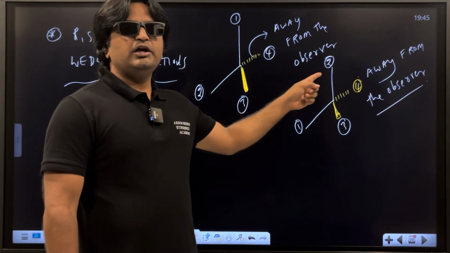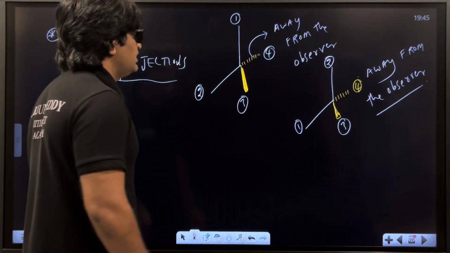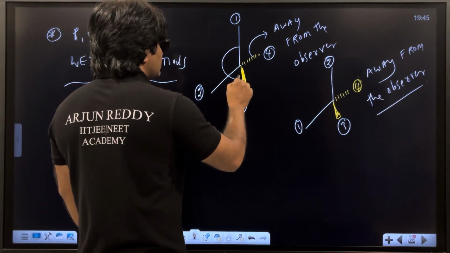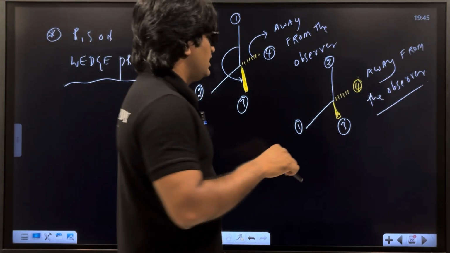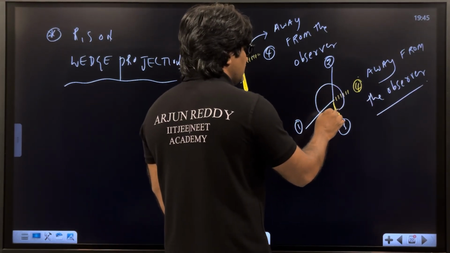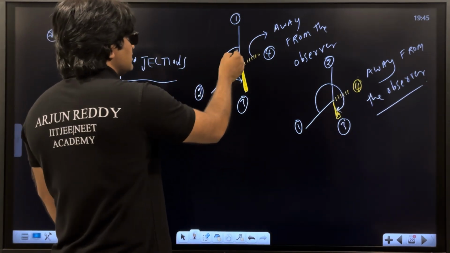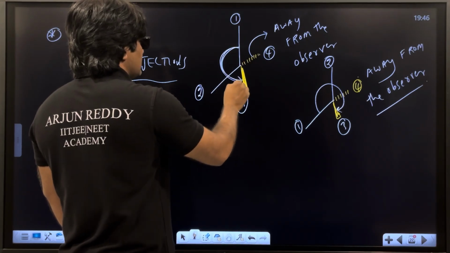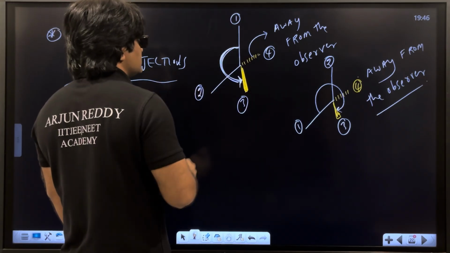Your least priority group is present on broken wedge, away from the observer. In that case, now you start from 1, 2 and 3. We are moving along 1, 2, 3, and here also 1, 2, 3. What is the priority direction? Is 1, 2, 3 present in clockwise direction or anti-clockwise direction? Anti-clockwise direction.